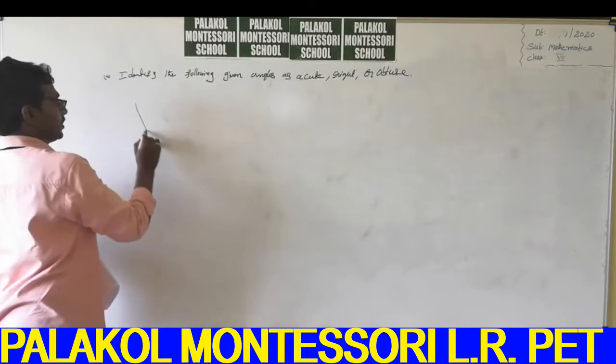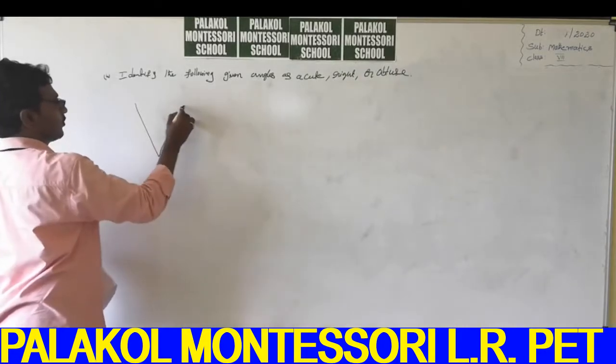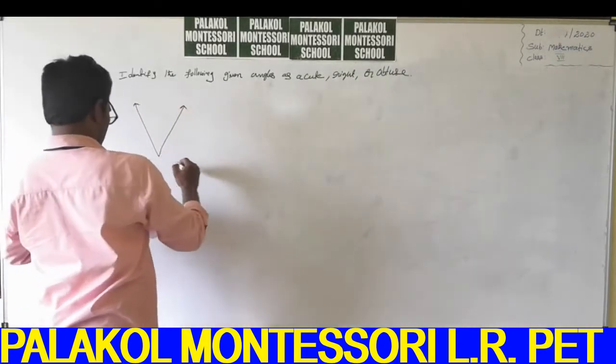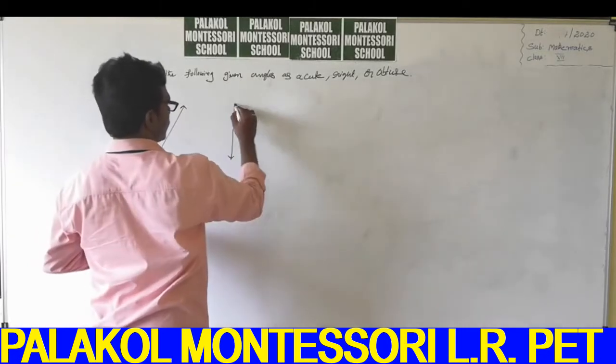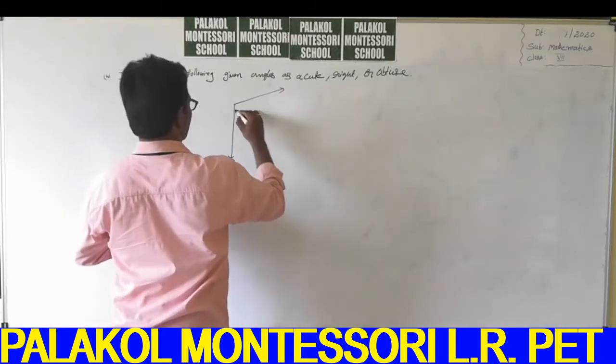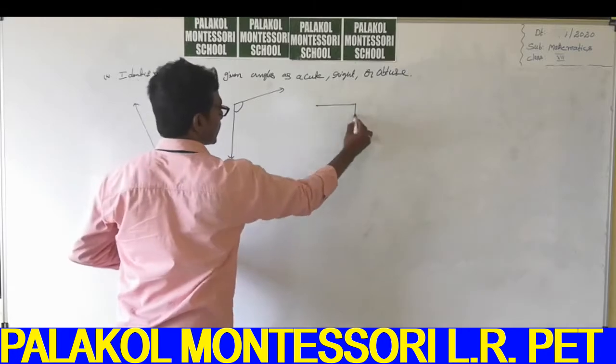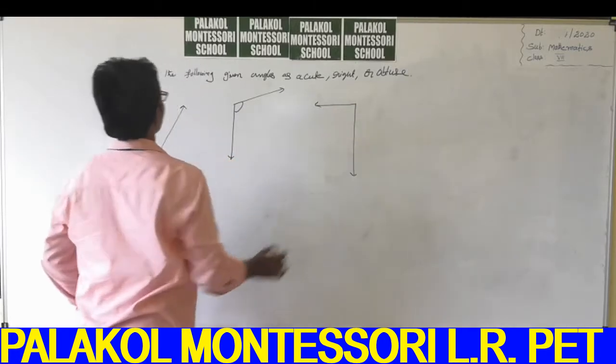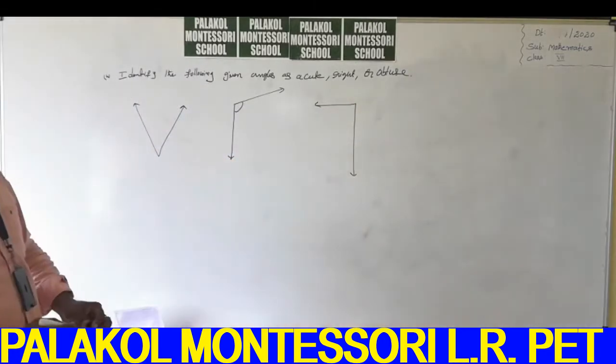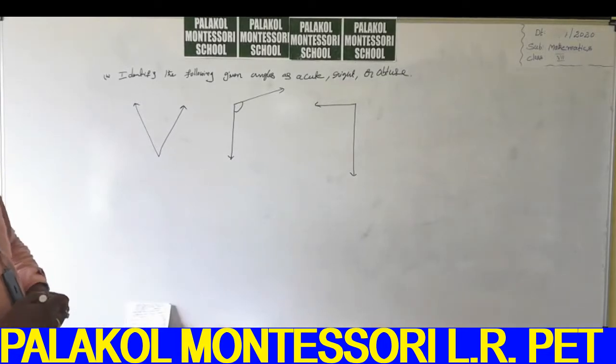Here is given one picture, one more picture, and another picture. So identify the following given angles: acute, right, obtuse.